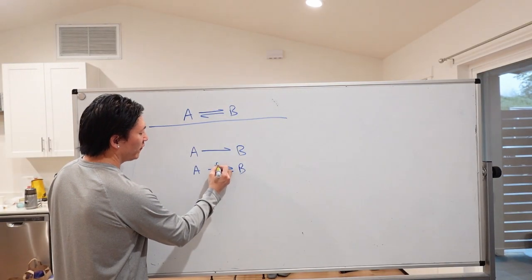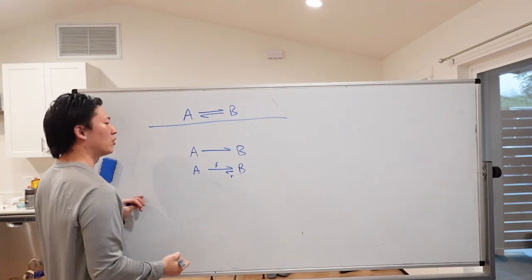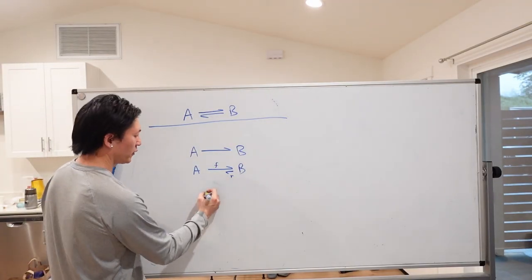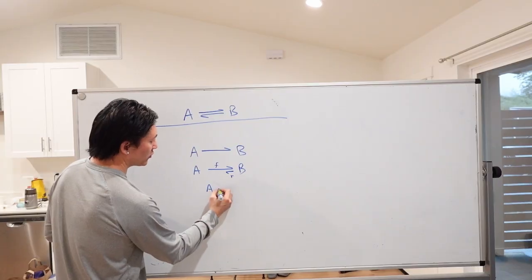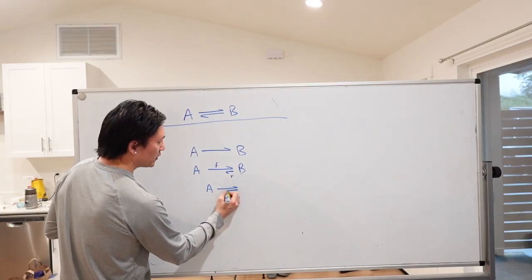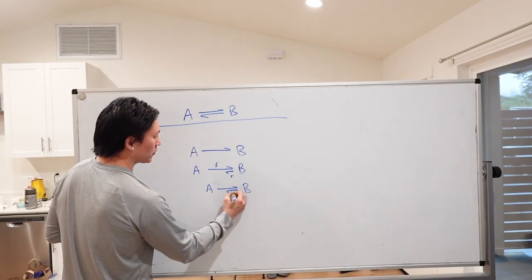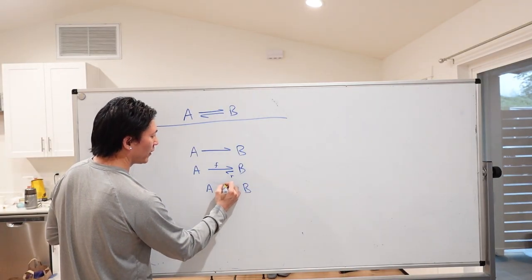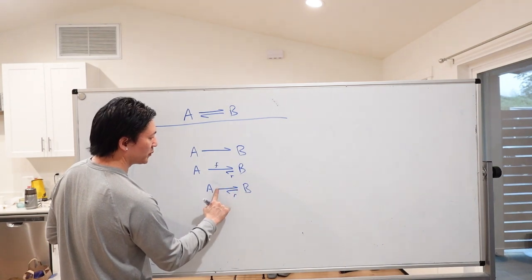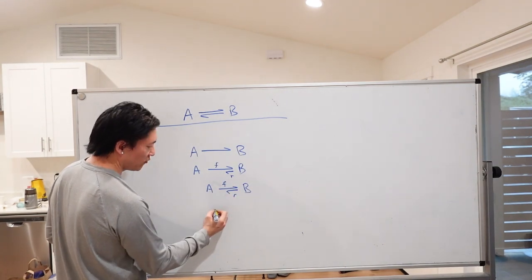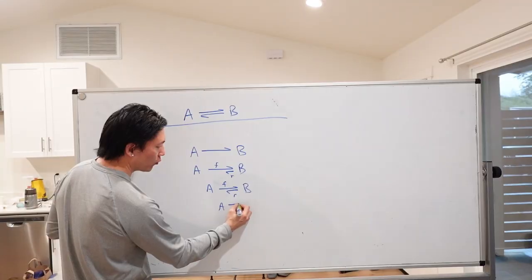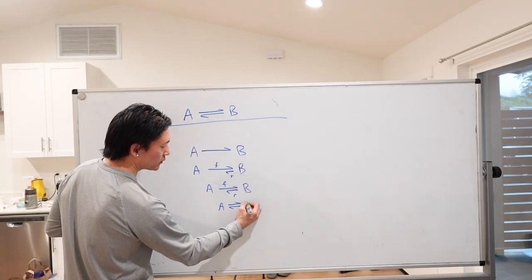We can call this F for the forward rate, and we can call this R for the reverse rate. Over time, notice that the reverse rate is getting larger, and the forward rate is getting a little bit smaller. Eventually, the forward rate equals the reverse rate.